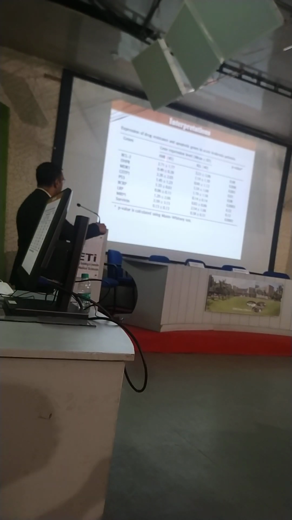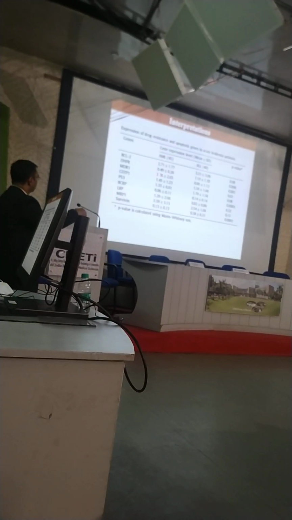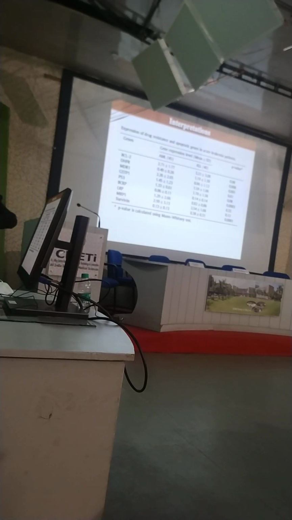And you can see all these values. For MDR1, 2.26 plus minus 2.65. Your standard deviation is higher than the mean. A large amount of variation is there. Then see these values, 0.06 and 0.11, again higher. 2.59, 3.13, higher. 0.13, 0.13, almost the same.